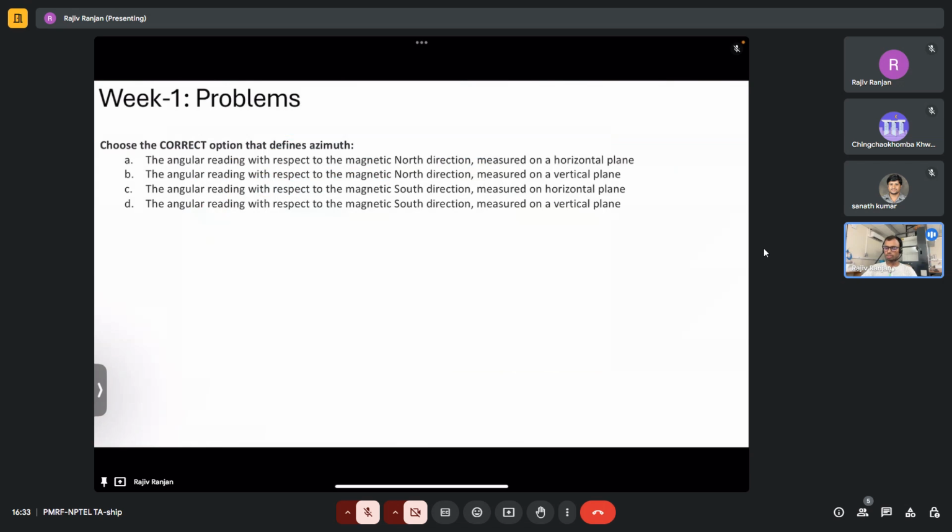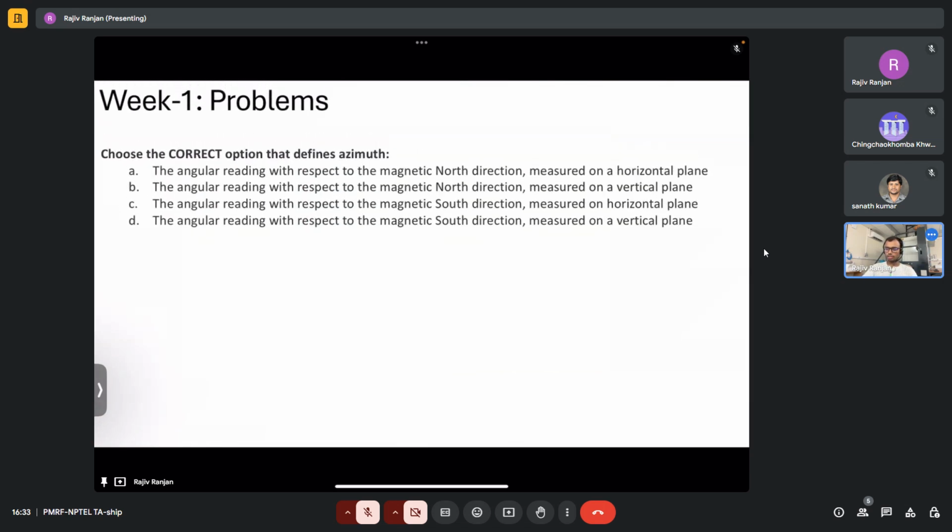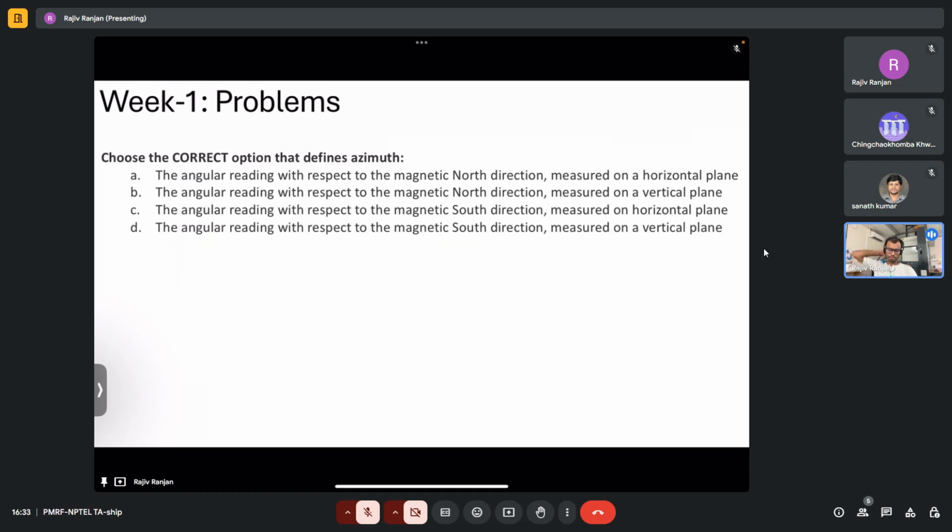Okay, so we'll move to the next question. Please read it, I will read it out for you. Tell me the correct answer. What do you think? Which option is correct? Choose the correct option that defines azimuth.